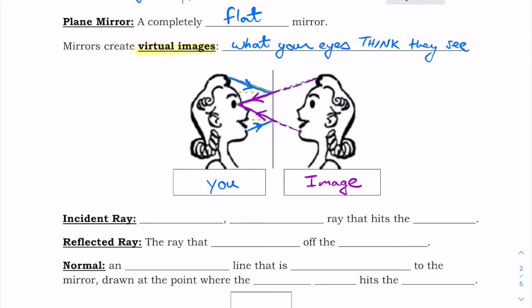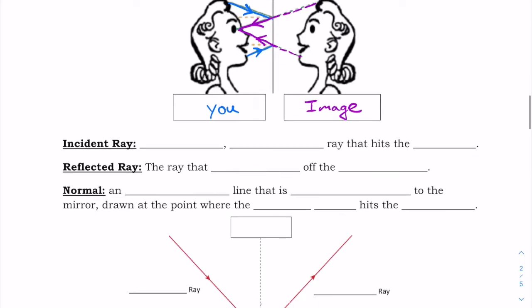Let's continue with some terminology, and I did use a little bit of this already, but the incident ray would be the original incoming ray. And in this case, that would be the ray that hits the mirror.